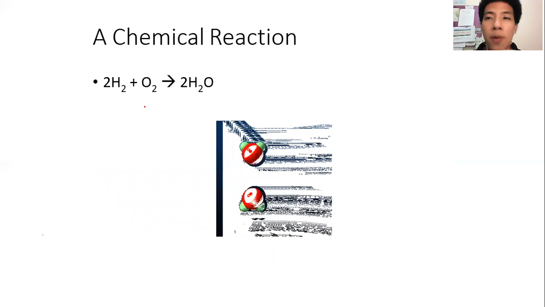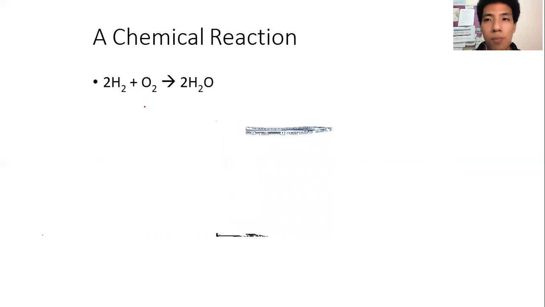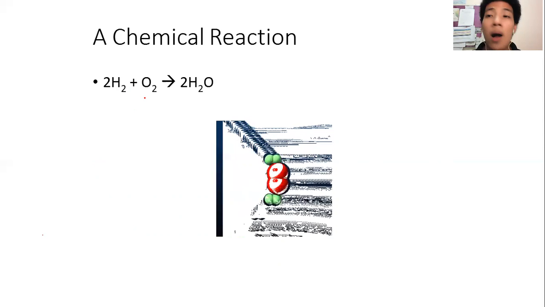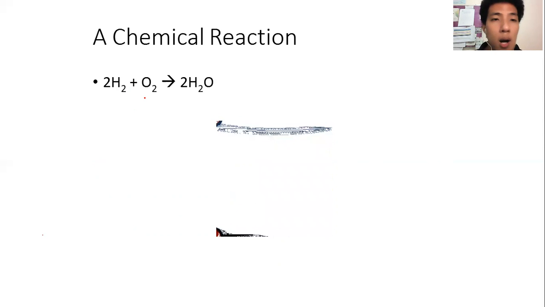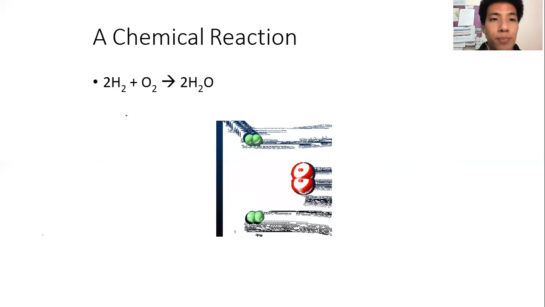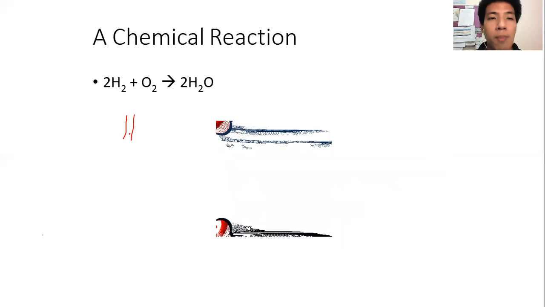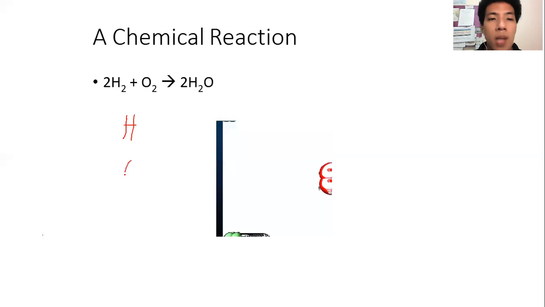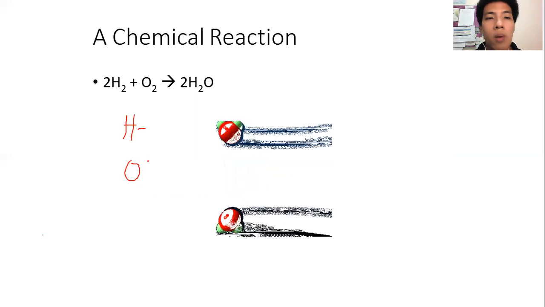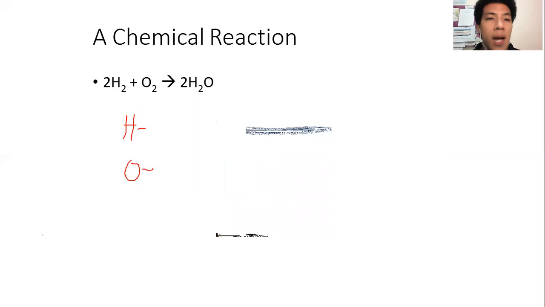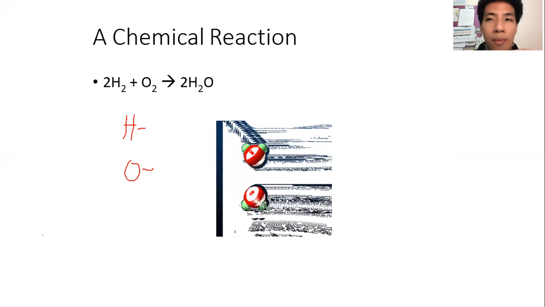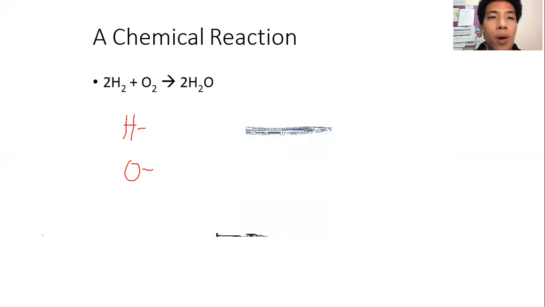So let's inspect first the reactant side. You have two elements, which are hydrogen and oxygen. Forgive me for my handwriting because I'm using just a board. For the hydrogen, how many atoms do you have?